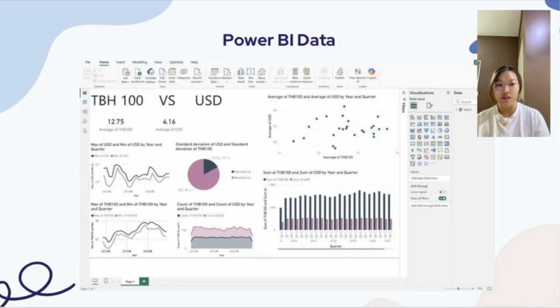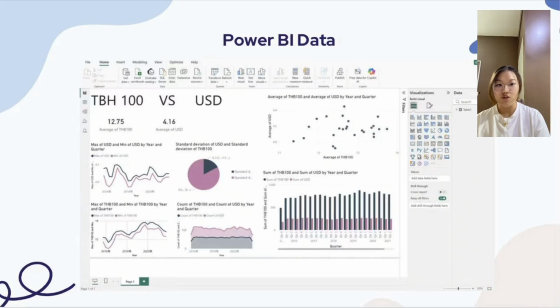From the trend perspective, the price of USD has remained relatively stable, fluctuating slightly within the range of 4 to 4.5. In contrast, the changes of 100 Thai baht have been more pronounced. It reached a peak in 2020 and then declined somewhat.